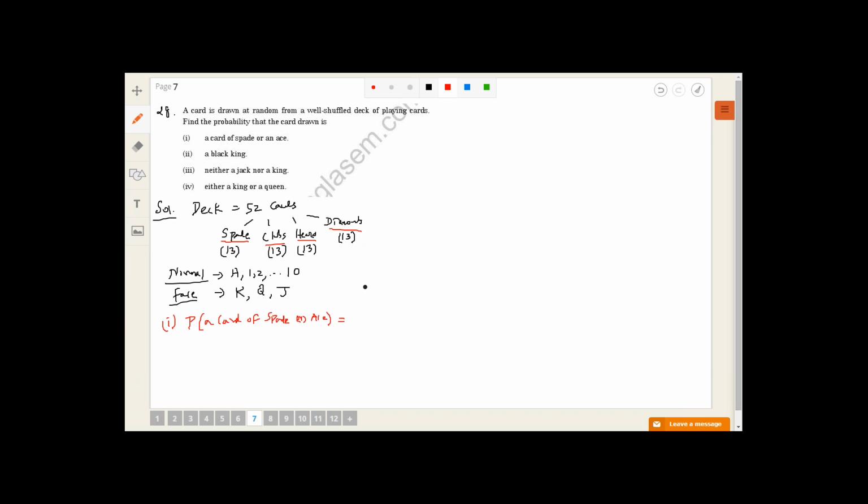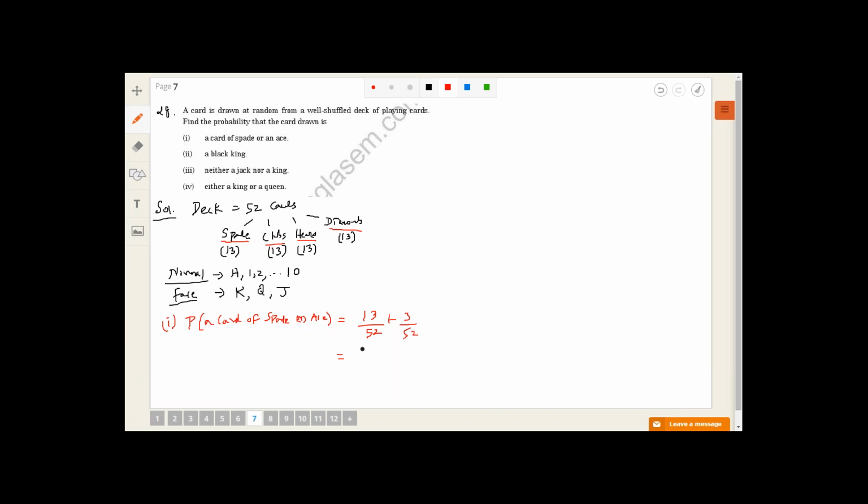Now ace, there are 4 aces, and spades, it has 13, but probability of drawing a card of spade is nothing but 13 by 52, plus probability of drawing an ace in the deck will be 4 by 52, but we have already included one ace of spade in the previous thing, so we need to include the remaining 3 aces, which is 3 by 52.